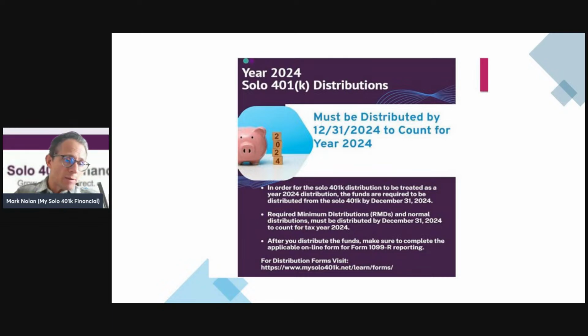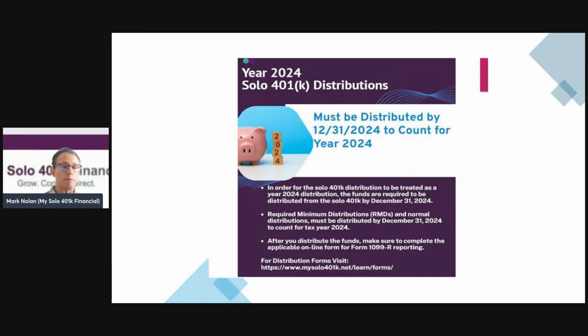Same thing for required minimum distributions. Once you reach age 73, you are required to start making distributions from your solo 401k plan. Of course, it doesn't apply to Roth solo 401k funds. That's one of the other differences between a pre-tax solo 401k and a Roth solo 401k: with the passage of the Secure Act, you no longer have to make distributions from your Roth solo 401k plan.